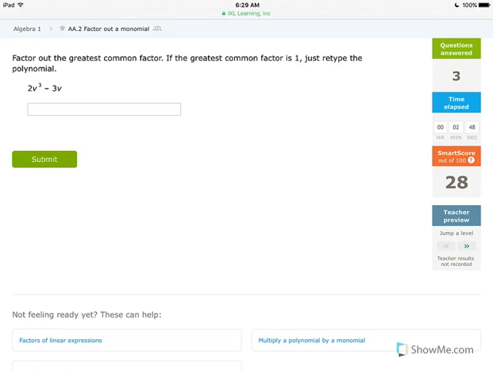And looking at this next one, if you look at the number parts, a 2 and a 3, they don't have a common factor other than 1, so we have no numerical common values. But if we look at the v's, you have 3 v's and 1 v, so 1 v is common. So 2v squared minus 3. And again, just check it real quick by remultiplying.